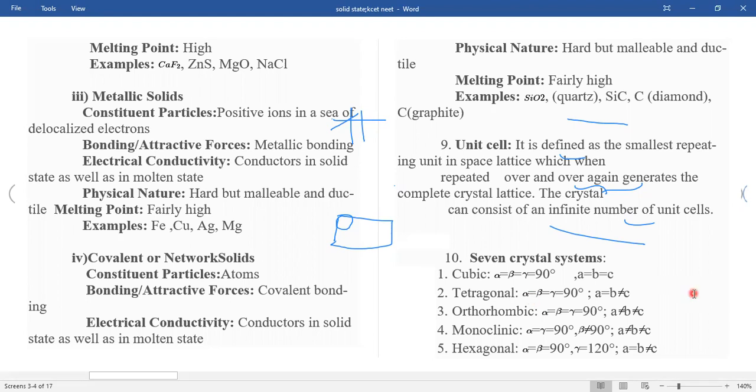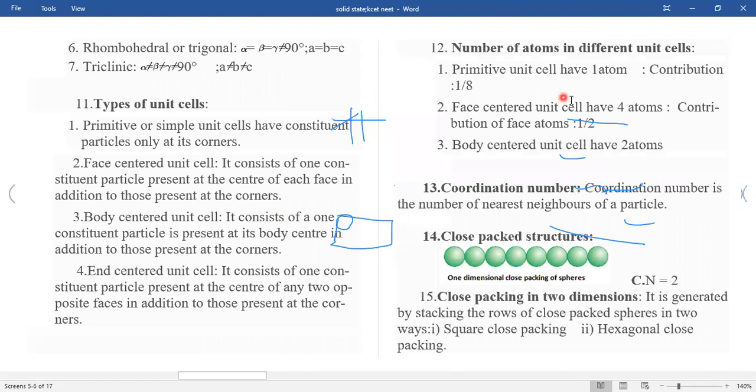Even they will ask you the examples. What are the examples for cubic, tetragonal, orthorhombic? I have also given an easy way to remember the examples, so we will go through that. Now let us move to the next. In the 7 crystal systems, here you could see rhombohedral or trigonal and triclinic.